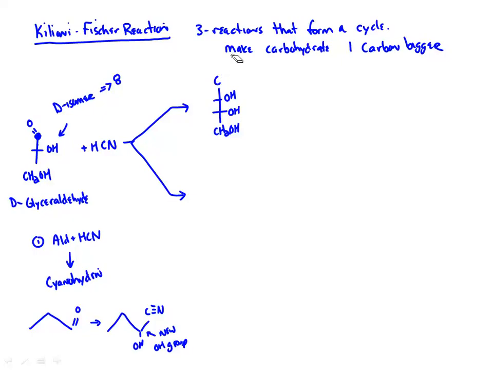That's kind of an ugly looking triple bond. And the part that makes it a little harder is that, of course, that new carbon is chiral, and so it really actually forms two different products, meaning that 50% of the time that new OH is up or to the left, and 50% of the time it's to the right.